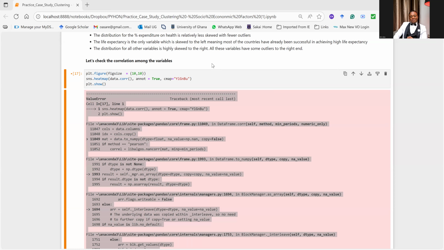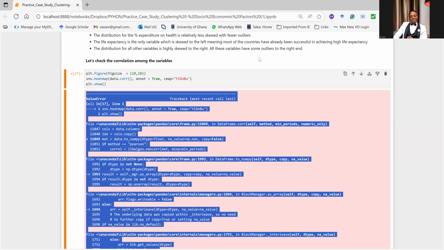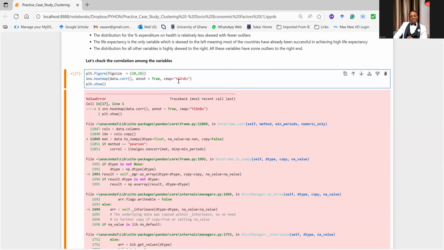The key point is that you have numeric columns, and this thing requires numeric columns. So you can force it and let Python know that this is numeric.